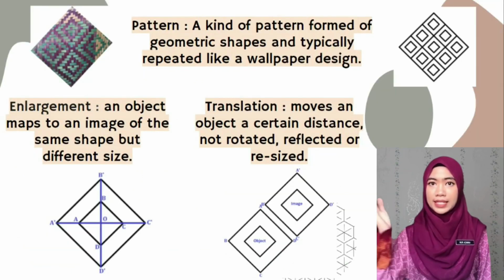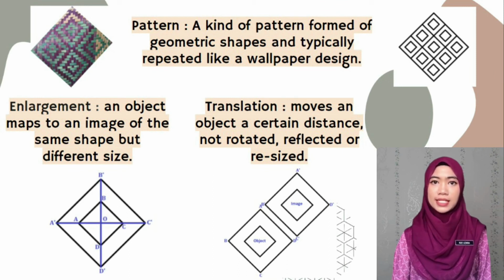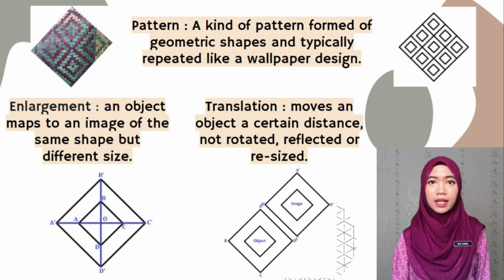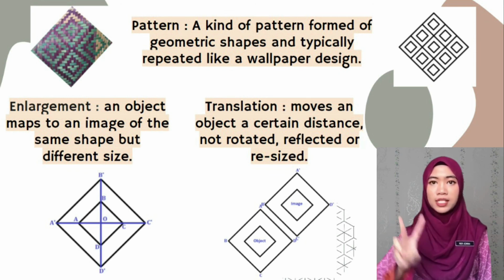Next, the pattern that we got from Tudung Saji is the repeated pattern from the motifs. A geometric pattern is a kind of pattern formed of geometric shapes and typically repeated like a wallpaper design. The rhombus should go through the transformation process to make the complete pattern. There are two processes involved, which are enlargement and translation. An enlargement is a transformation where an object maps to an image of the same shape but different size.